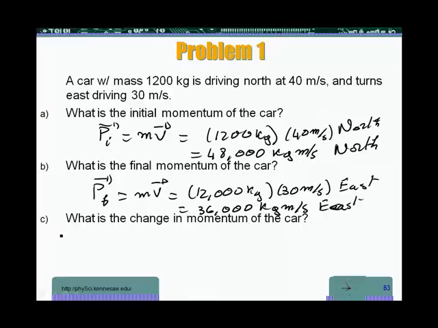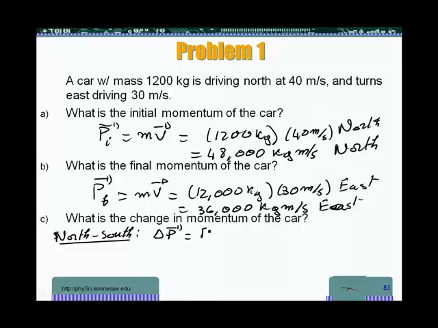So what we need to do for the change in momentum, we need to write them up here. For example, in the north-south direction, we are looking for change in momentum.